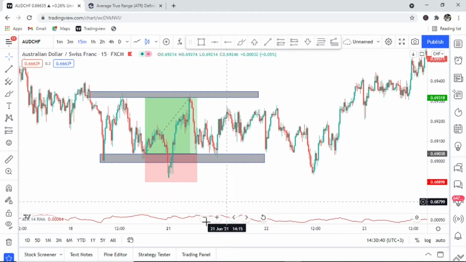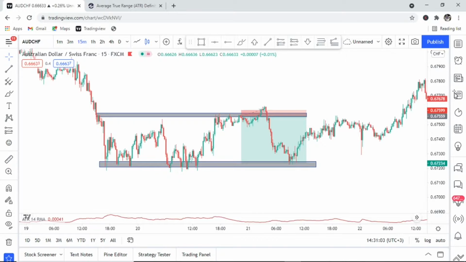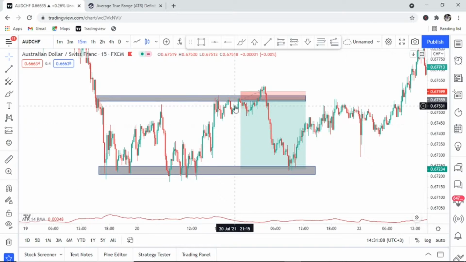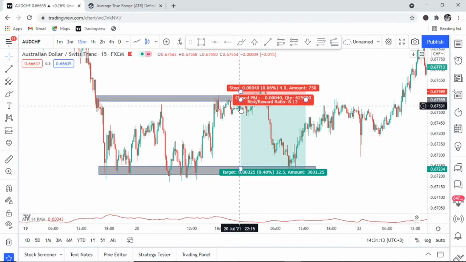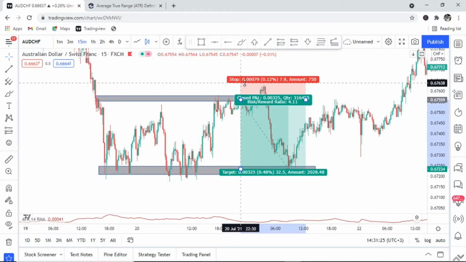Okay, so let's go ahead and look at the other example. Right here at this particular point, if you had been looking for your selling opportunities, as you can see the ATR is at 4, so 4 by 2 is 8 pips. So at this particular point, the best place to put your stop loss would have been at 8 pips.